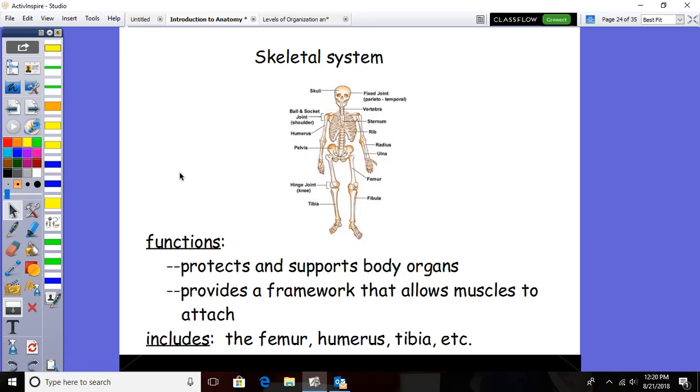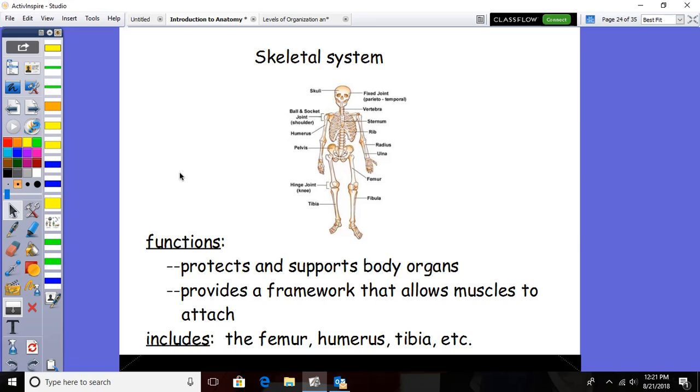Next up is the skeletal system. Of course we're familiar with the skeleton, but think about why you have one. A skeleton is there to protect more delicate internal body organs. Your most important organs, like your brain and your heart, have bones surrounding them. It helps protect and support body organs, and it also provides a framework that allows muscles to attach, like our muscle of the day.